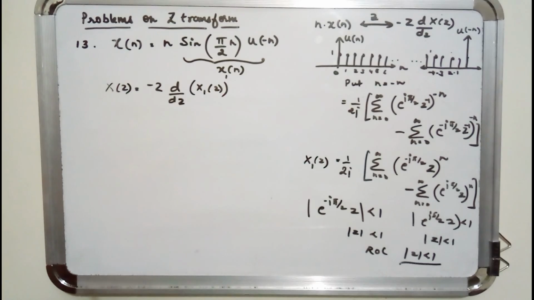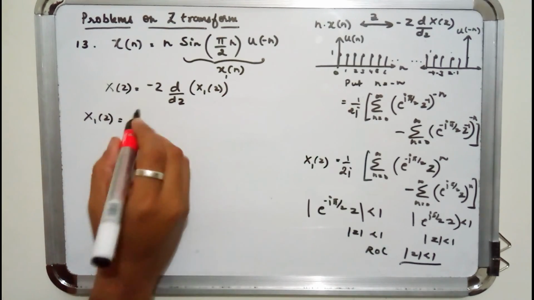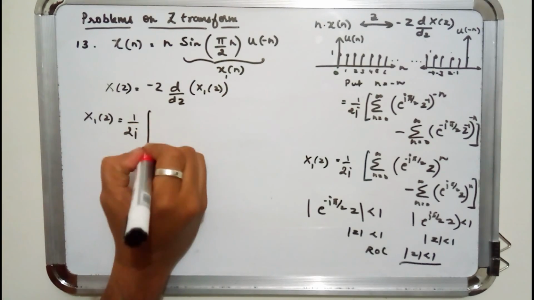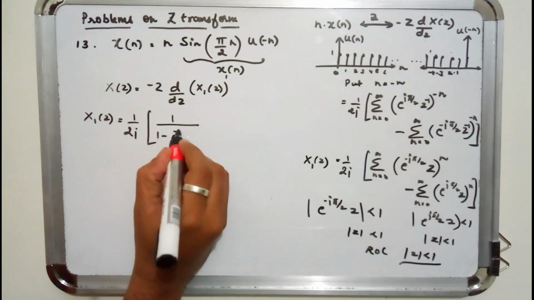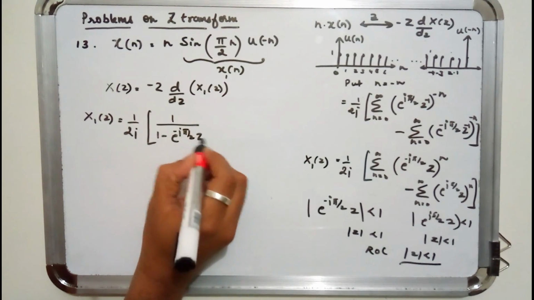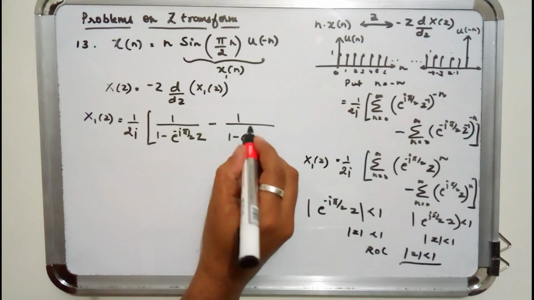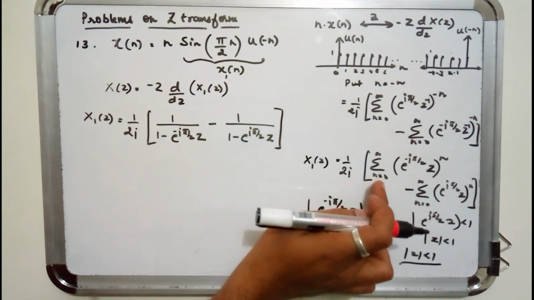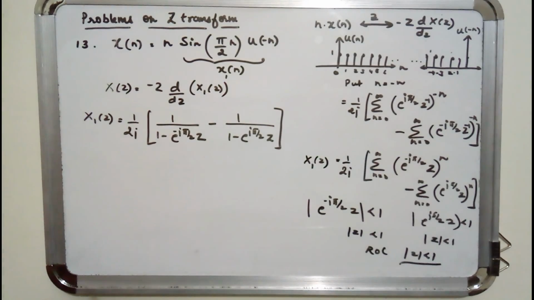So that is the ROC. Now x1 of z will become 1 by 2j into 1 by 1 minus e power minus j pi by 2 z, minus 1 by 1 minus e power j pi by 2 z. It is summation n equal to 0 to infinity alpha power n, so it is 1 by 1 minus alpha.